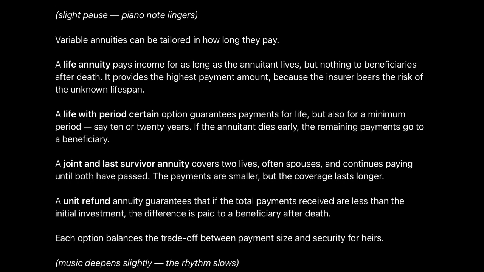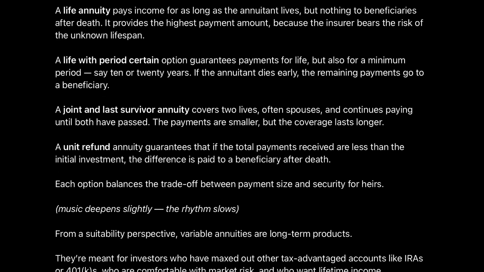Variable annuities can be tailored in how long they pay. A life annuity pays income for as long as the annuitant lives, but nothing to beneficiaries after death. It provides the highest payment amount because the insurer bears the risk of the unknown lifespan. A life with period certain option guarantees payments for life, but also for a minimum period, say 10 or 20 years. If the annuitant dies early, the remaining payments go to a beneficiary.